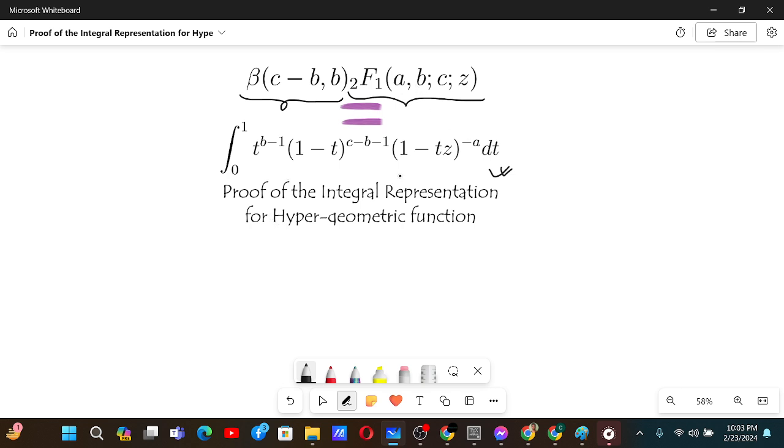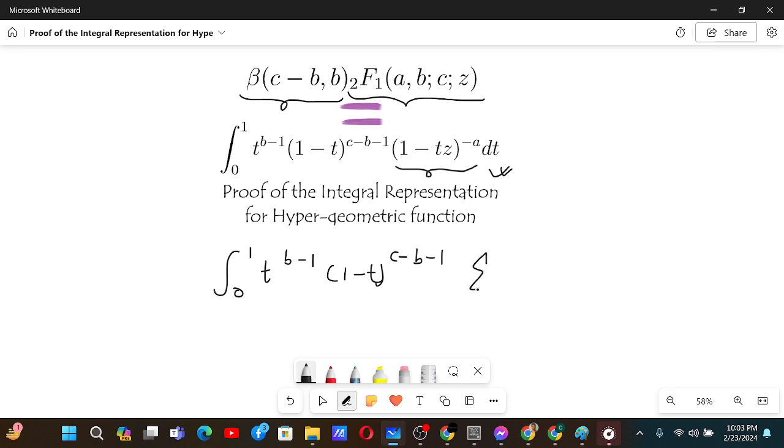So how do we begin? We can begin by writing this as a binomial expansion, and since then we have term by term to integrate, it will be easier. Okay, let's see how we do that. Integral from 0 to 1 of t to the power b minus 1, 1 minus t to the power c minus b minus 1.